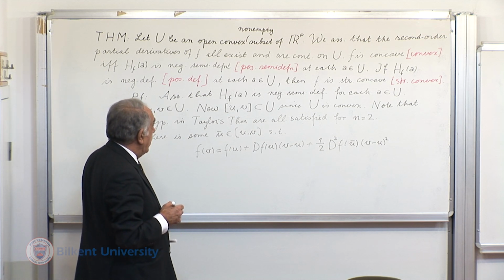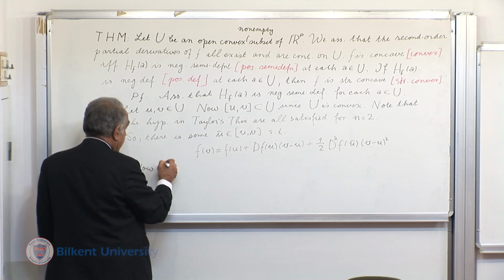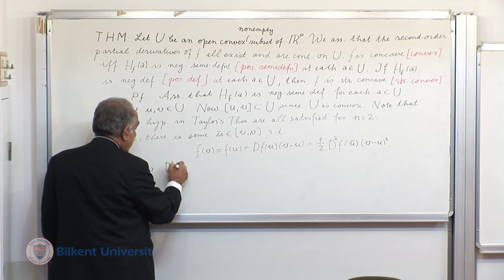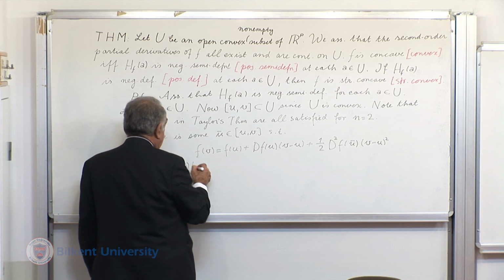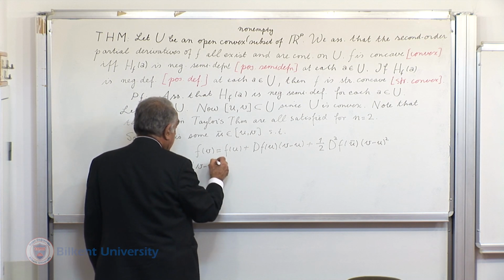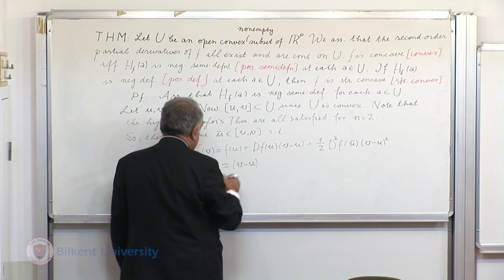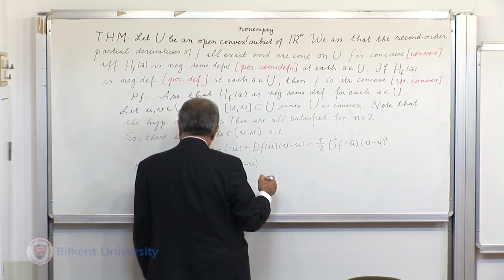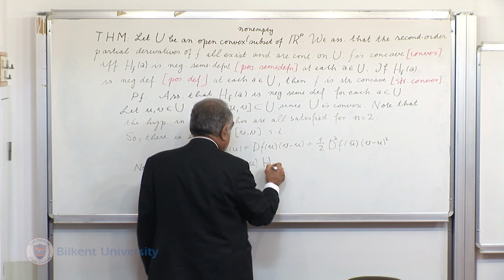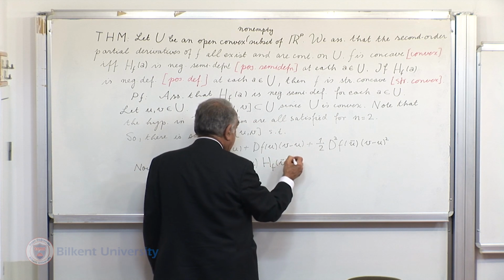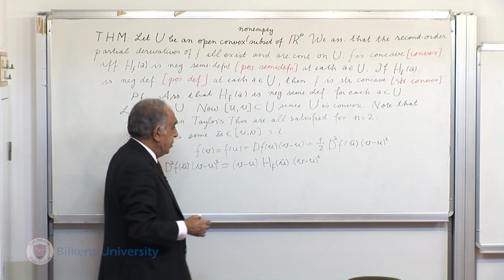But now what do we know? Okay. Now the second derivative of f at u bar evaluated at v minus u, v minus u, this we know is v minus u times the Hessian at u bar times v minus u transpose.